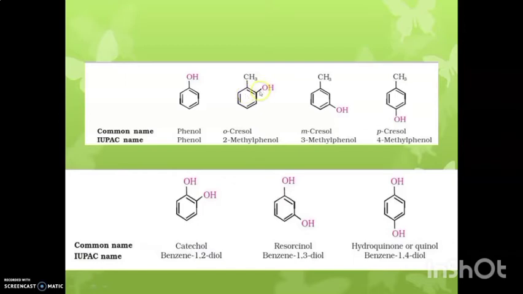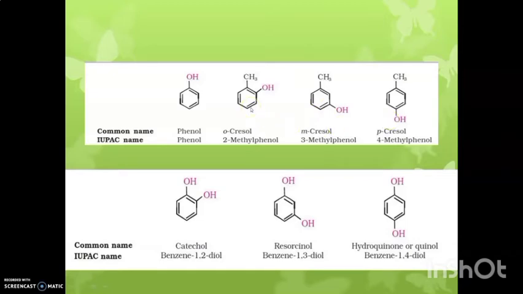It is in the ortho position, so it is known as orthocresol. If this hydroxyl group is in the meta position, we can call it metacresol. But if it is in the para position, we can call it paracresol. So in the phenol, if there is a substituent of methyl group, we call it a cresol. According to the position of the hydroxyl group, we can name it as orthocresol, metacresol and paracresol.